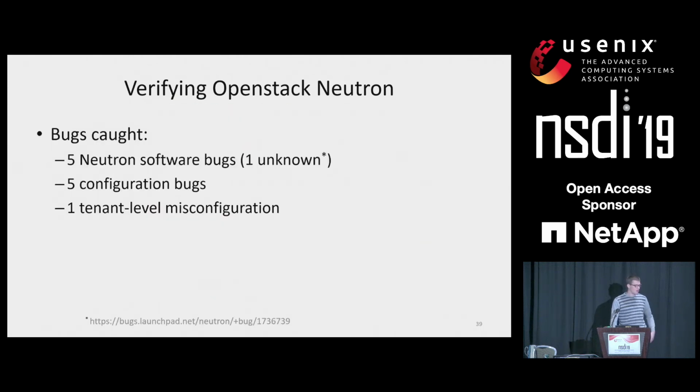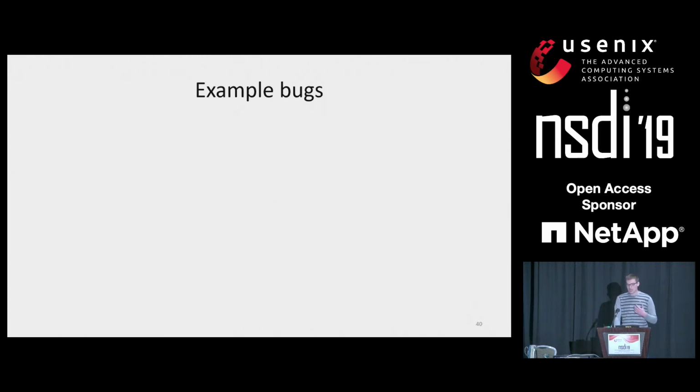So what we found using this approach was that we found 5 Neutron software bugs. One of them was completely novel, which we reported on Neutron's bug tracker, and we found 5 configuration bugs and some tenant-level misconfigurations. So let me give you some examples of bugs that we actually found.